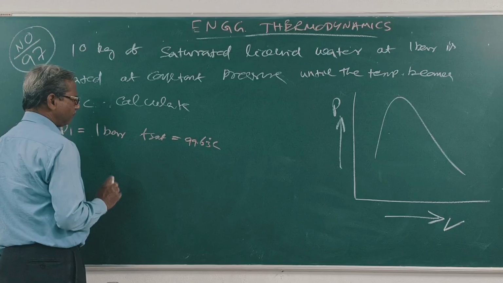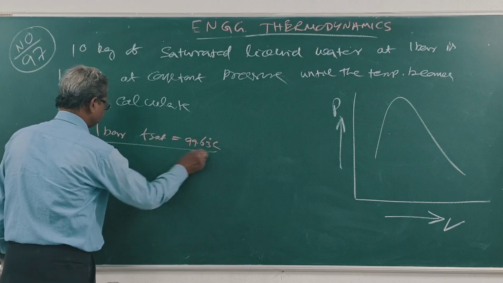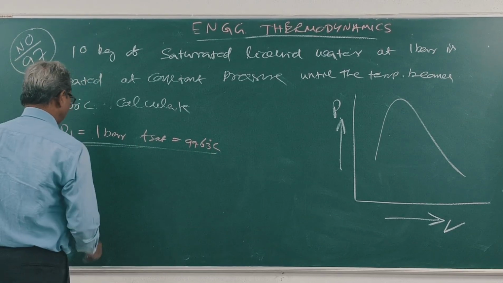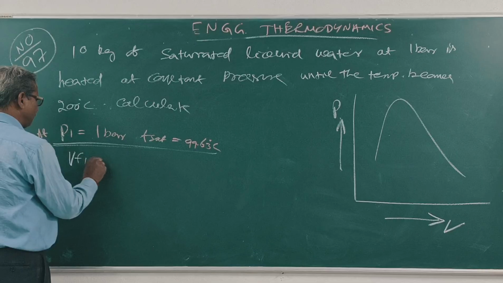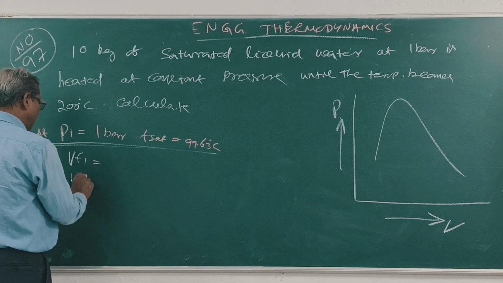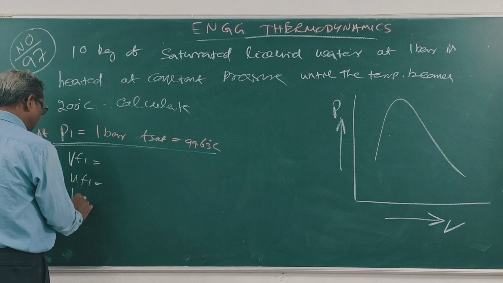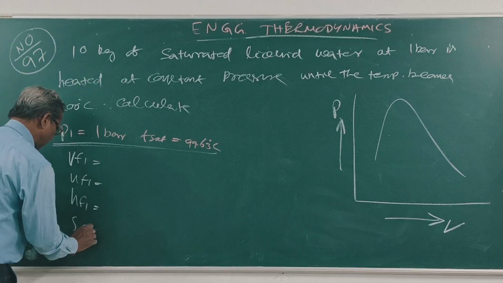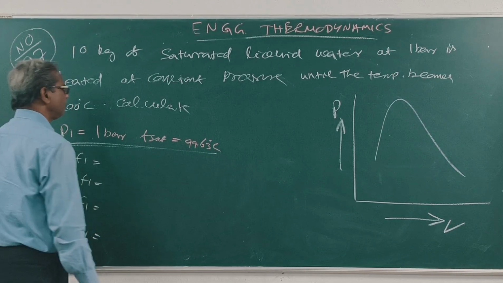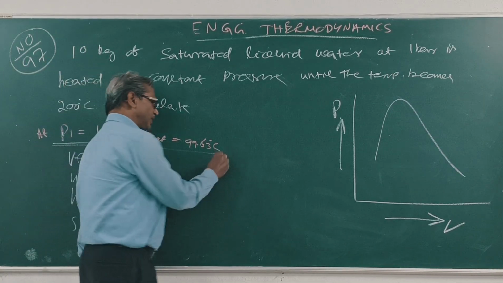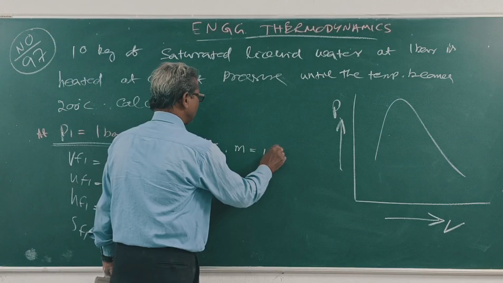Similarly, at P1 1 bar, we need vf1, uf1, hf1, sf1. The mass is equal to 10 kg.